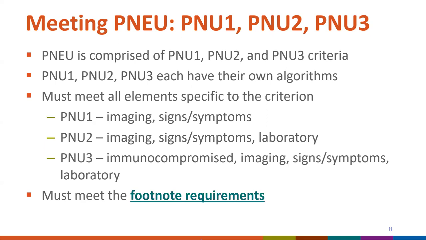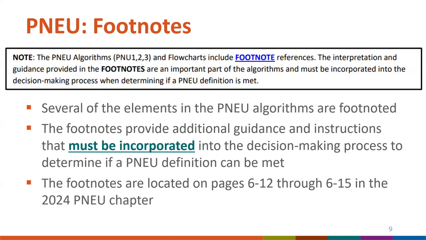And in the case of new 2 and new 3, you must also meet the laboratory element. Additionally, there are footnotes in the algorithms that provide additional information and guidance for meeting the elements. The information in the footnotes must be incorporated into the decision-making process for determining if a new definition is met. Let's take a look at the 3 algorithms.